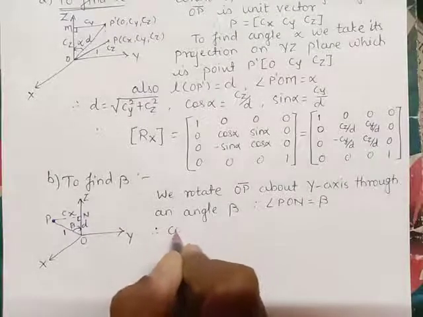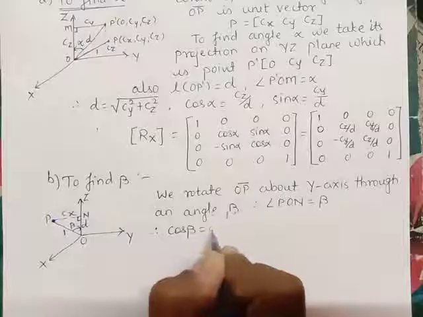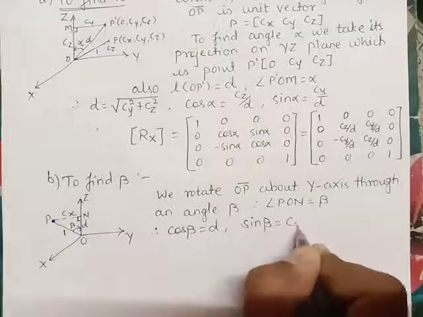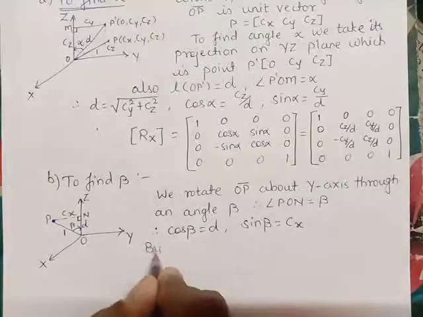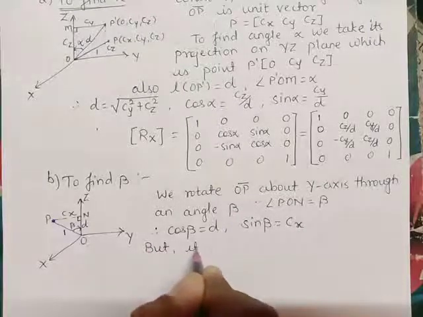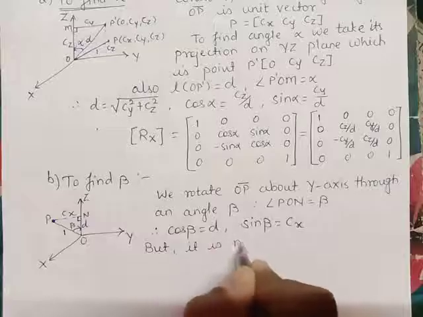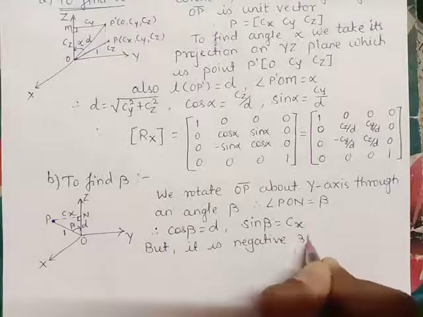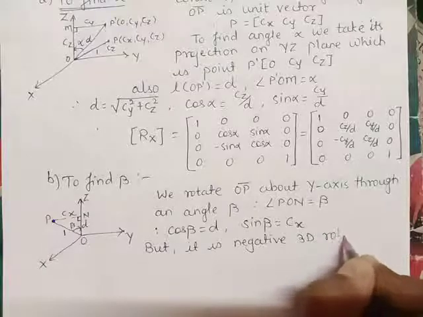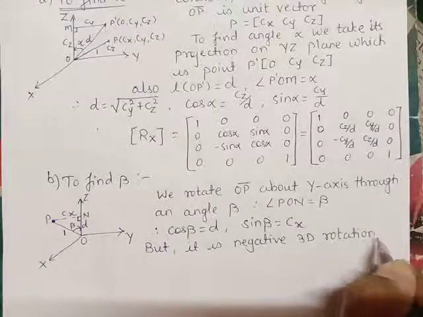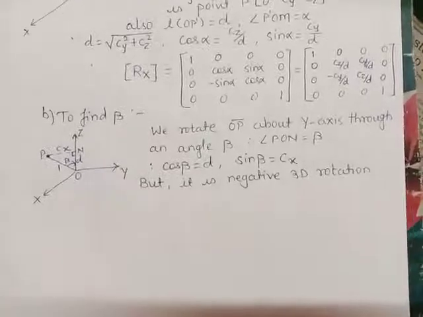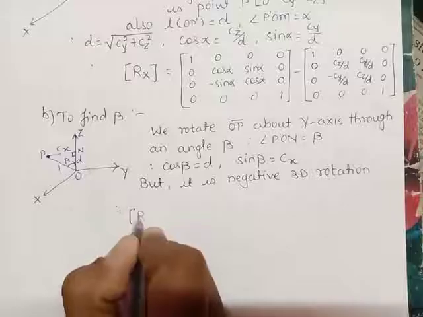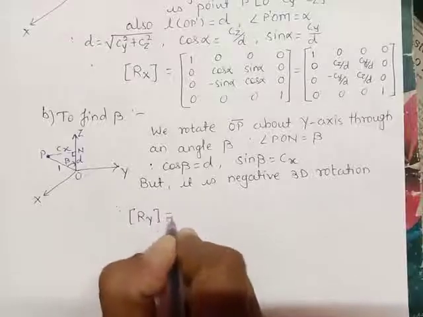Therefore, cos of beta is equal to D, sin of beta equal to Cx, but it is negative 3D rotation. Yes, negative 3D rotation. Therefore, what is Ry, the rotation through the y-axis?